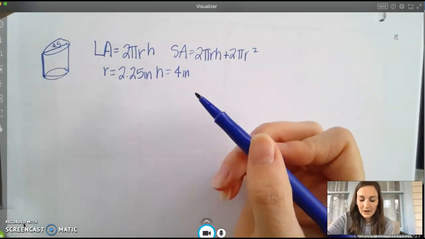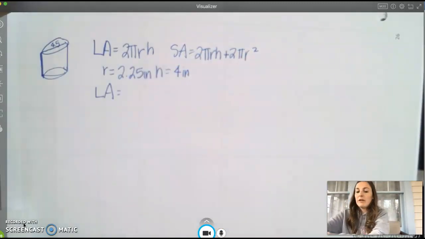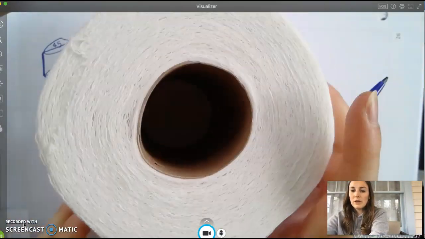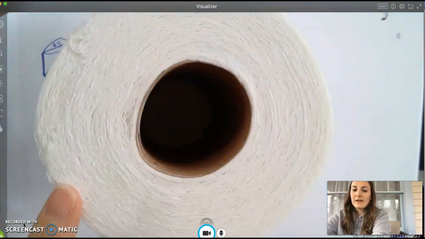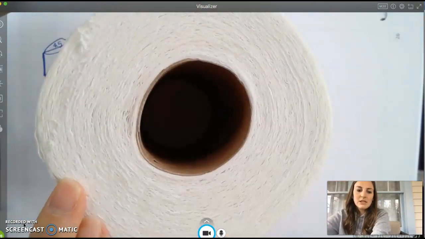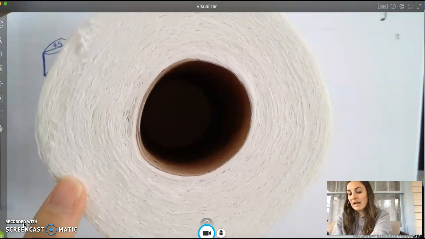So let's start with the lateral surface area, or the lateral area. And you remember lateral area is going across. So think, if I unrolled this toilet paper roll, if I took one piece, if I started here and unwrapped it, the length here is the circumference, right? If I were to unroll this, I showed yesterday that I have a rectangle.